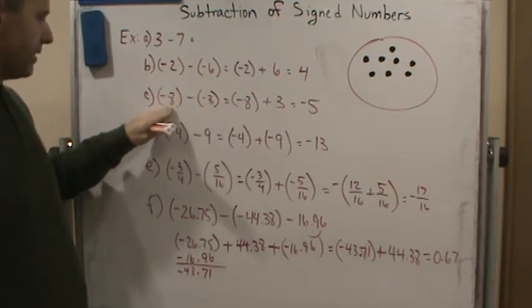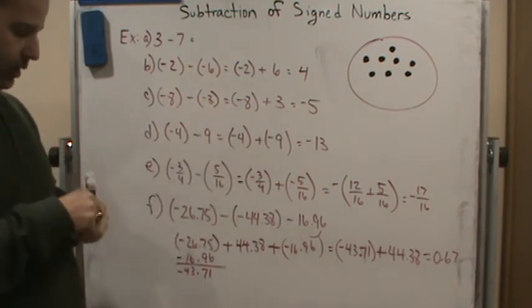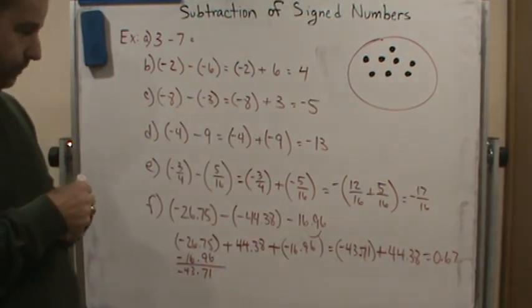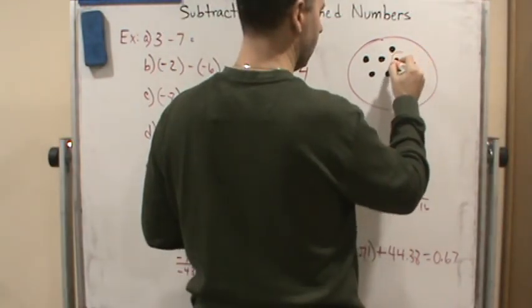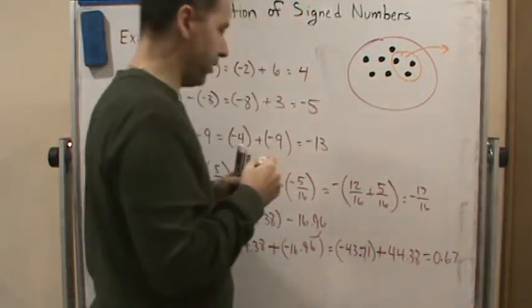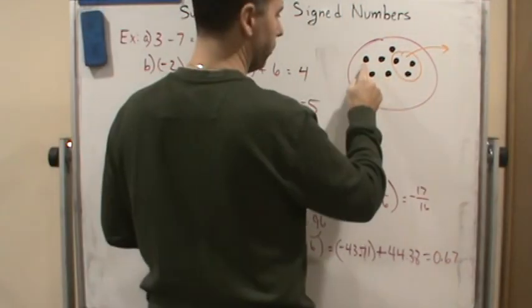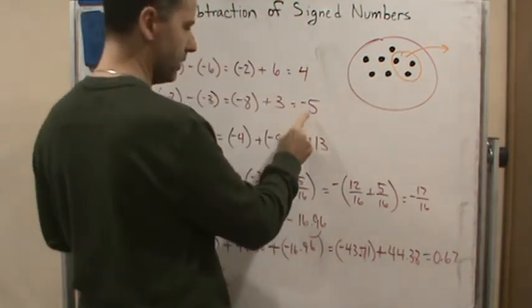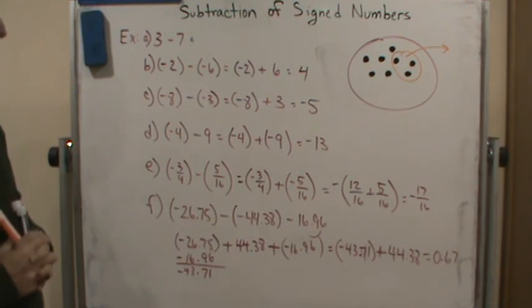So I have 8 negative chips and I want to take away 3 negative chips. So let's do that. So let's take 3 of the chips and take them out of the circle. What do I have left in the circle? I have 1, 2, 3, 4, 5 negative chips, and I get a -5. And that's how it's done.